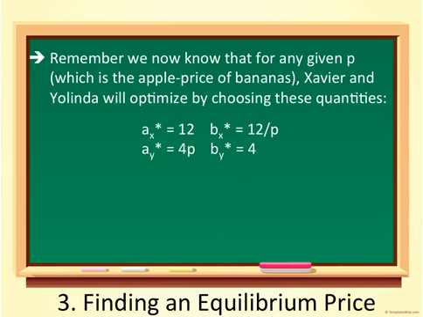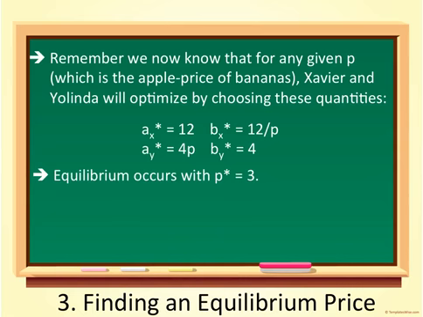Xavier always consumes 12 apples, and then 12 divided by P bananas. Yolinda buys 4 times P apples and then consumes 4 bananas. So is there a P now that's going to equate the quantities of apples supplied and demanded and bananas supplied and demanded? That happens when P is 3.